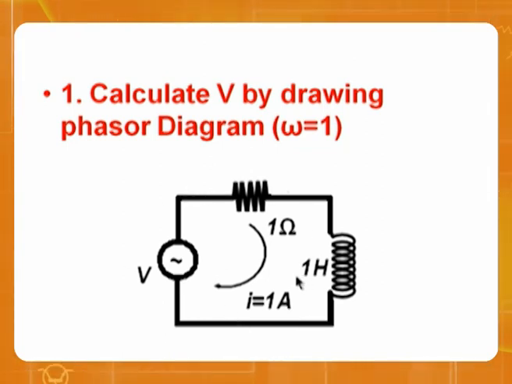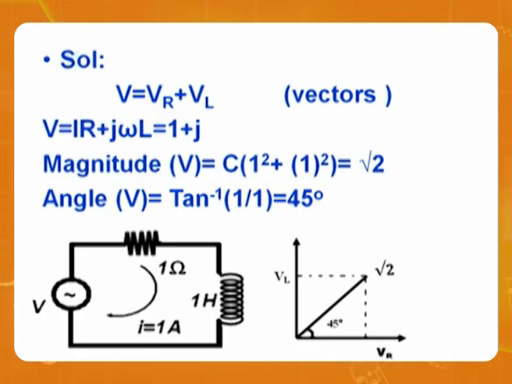Now what you do is calculate voltage across the resistor, calculate voltage across the inductor, and add them vectorially, or phasorially. That's the resultant. So just follow this. As I said, I am calling this VR and this VL. VR is IR, VL is j omega L. What is R? 1. What is omega? 1.